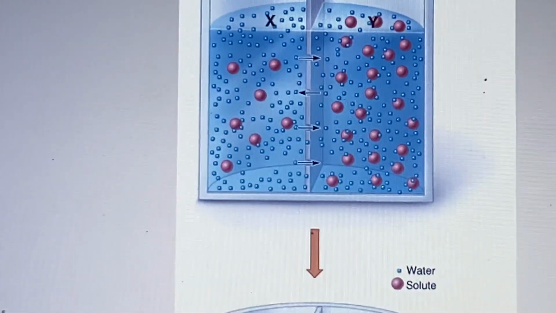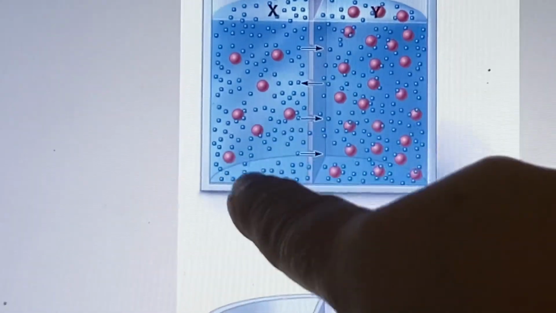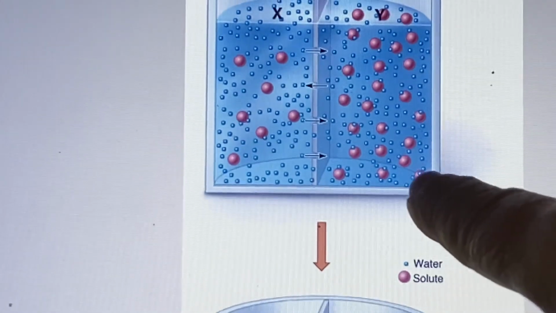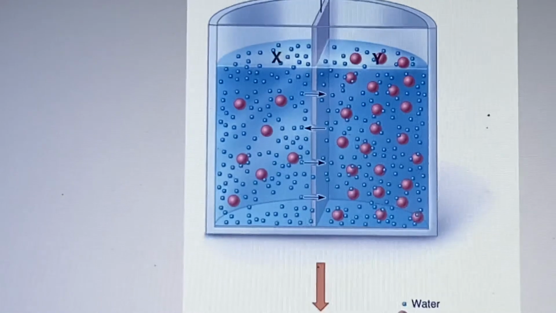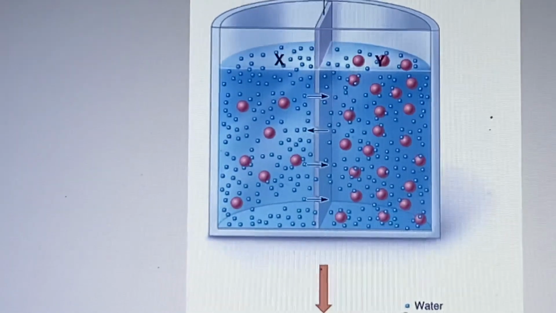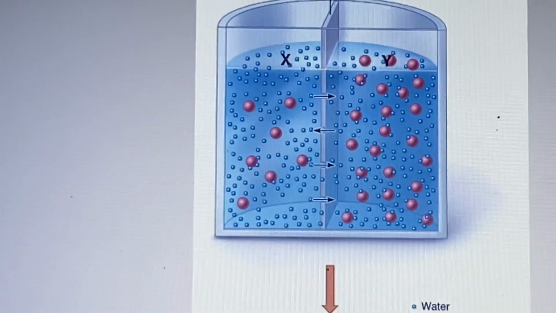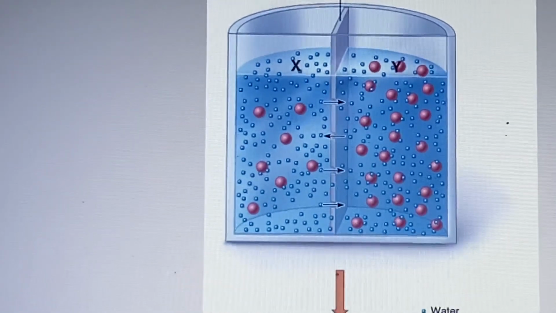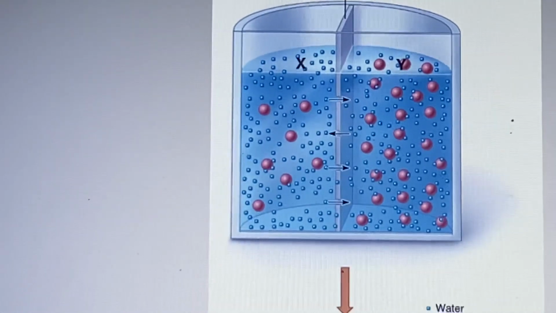Another way of thinking about that is that because of it, you have way more water over here than you do here. Water is going to move towards where the solute concentration is the highest to try to reduce the concentration of the solute and to make the concentrations equal.